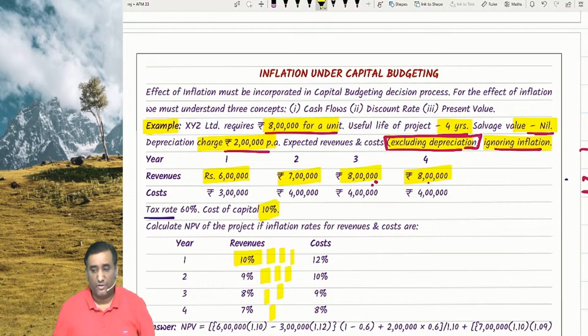So quickly calculate for me the answer. If you want to do in rough, do in rough. If you want to do fair, do fair, and then I'll show you my answer, please. I give 5 minutes to you.